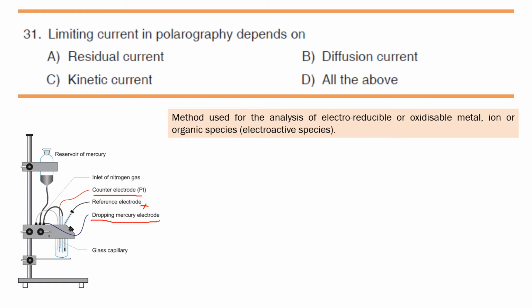The dropping mercury electrode is known as the polarizable electrode, and it will be acting as the cathode, whereas the counter electrode will be non-polarizable and it will be acting as the anode. These electrodes are very important in a polarographic experiment.